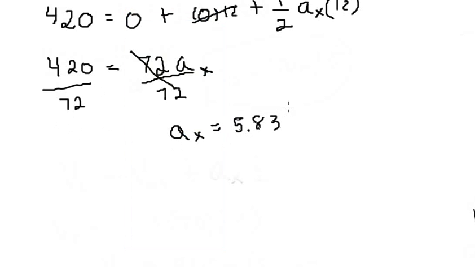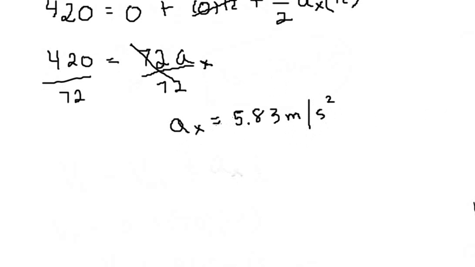I know that acceleration is in meters per second squared. This is the constant unit in physics. Whenever you're talking in physics terms, meters per second squared is always the unit you want to be in.